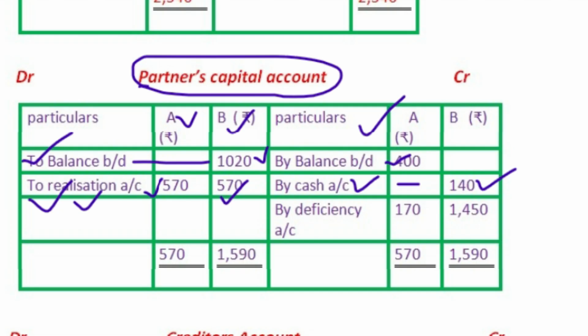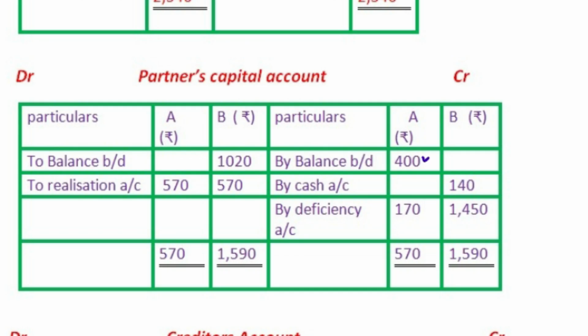First we will balance A's column. A's column has 570 on the debit side and only 400 rupees on the credit side, which is the opening balance. So 570 minus 400 is 170. This amount he is supposed to bring into the partnership firm, but since he is declared insolvent, he could not contribute even 170 rupees towards his debit balance in capital.